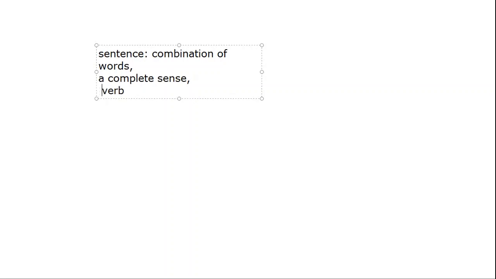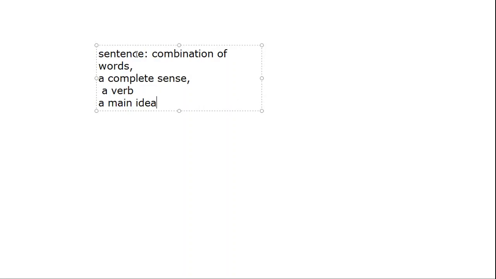It may have more than one verb, but it should have at least one verb. Then it must contain a main idea, a complete sense that is given to you through a combination of words.